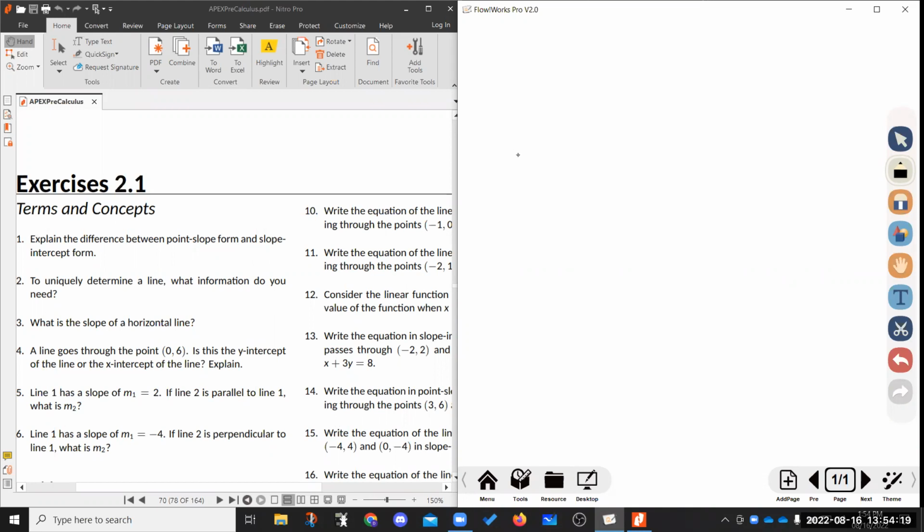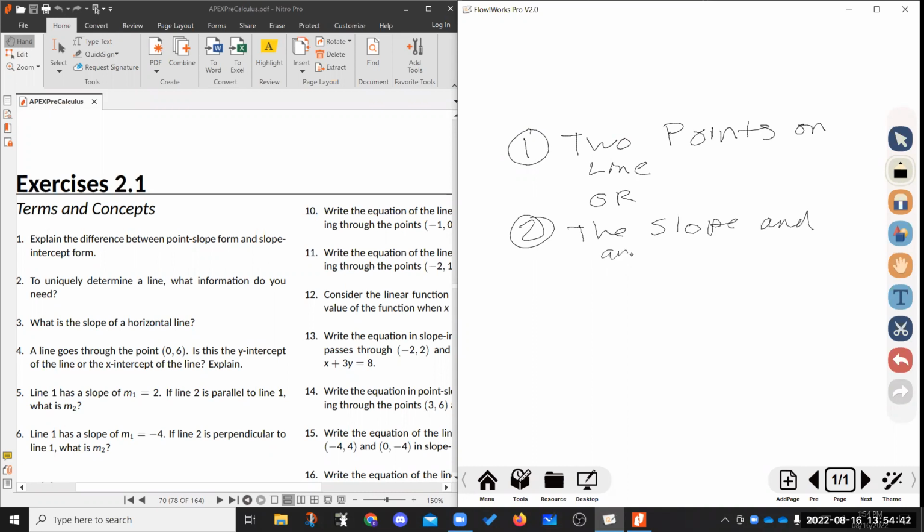So we either need 2 points on the line, because with those 2 points we can determine the slope, and we can use either point for our point slope form, or the slope and any point on the line.